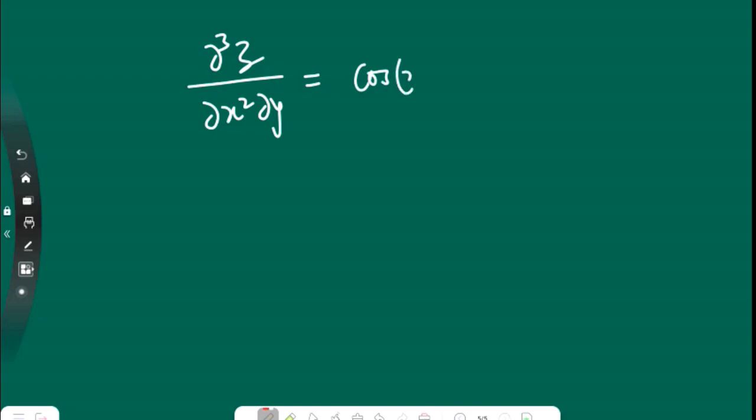Here is our equation: del cube z upon del x square del y is equal to cos(2x plus 3y).